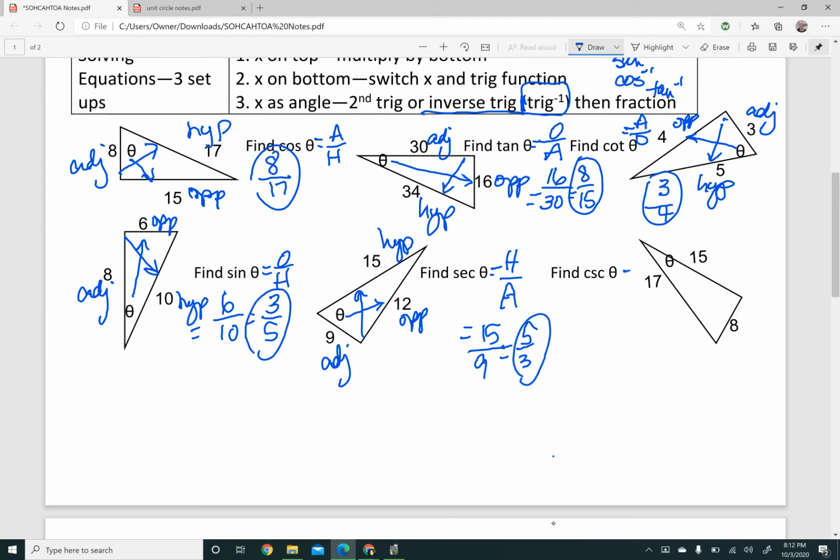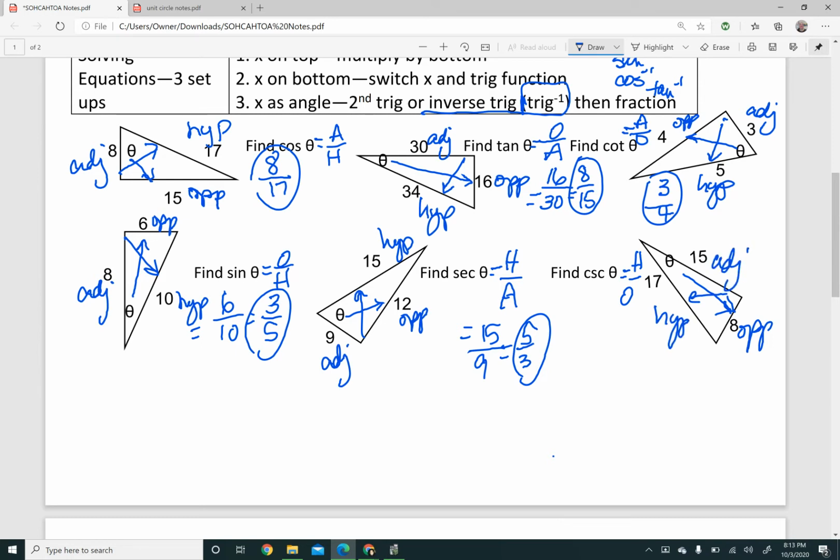And cosecant is hypotenuse over opposite. So here, make sure you draw a straight line or you'll get the wrong side, is the opposite. Here's the hypotenuse. And here's the adjacent.